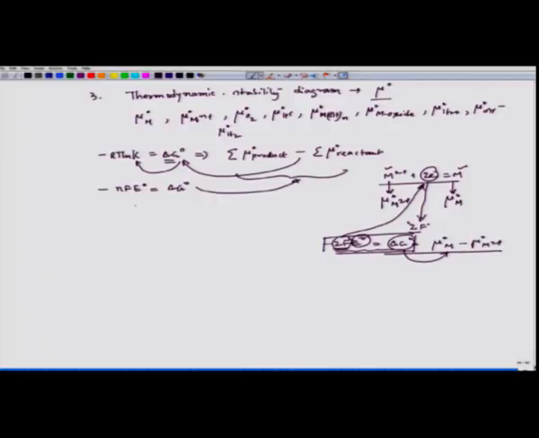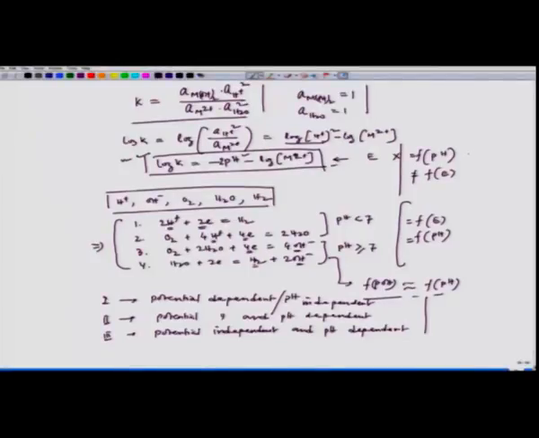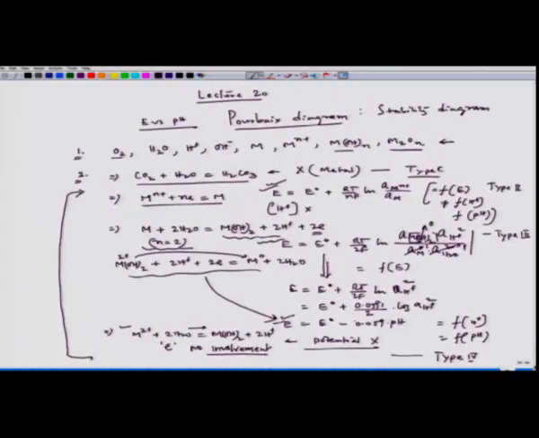So, we see that these are all thermodynamic data. These thermodynamic data will be used to find out the reaction equilibrium constant or the standard reduction potential, and this equilibrium constant will be used for this particular type of reactions.